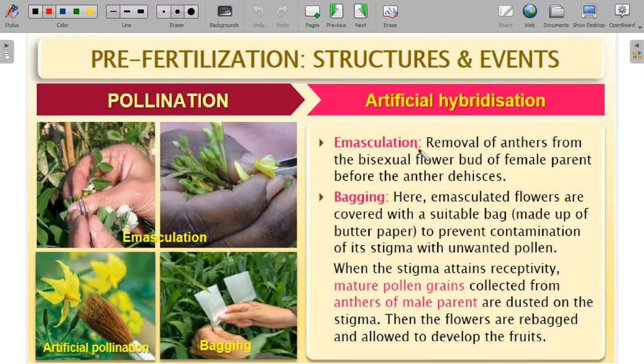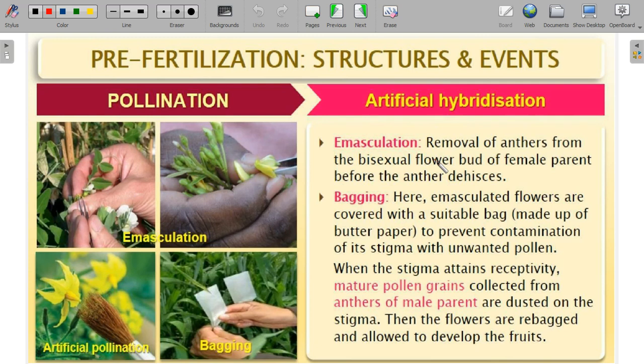So, what is emasculation? It is a technique where the anthers are removed from the bisexual flower bud of a female parent before the anthers dehisce. Therefore, if I take a bisexual flower and emasculate, that means if I remove the anthers, what will be the condition of the flower now?